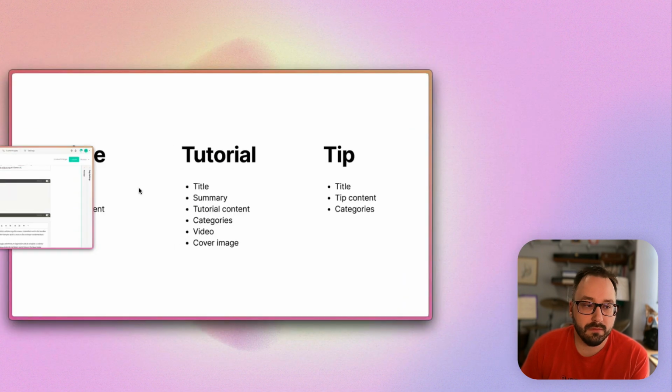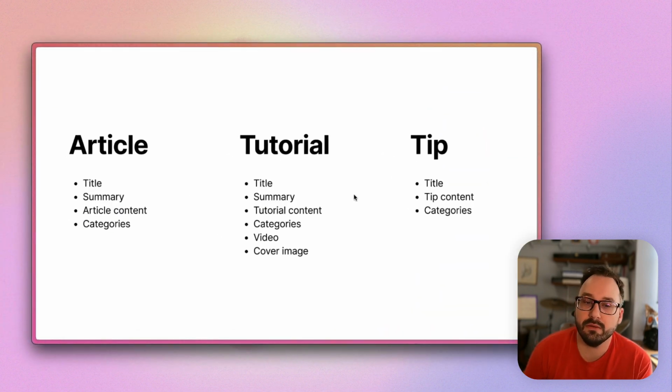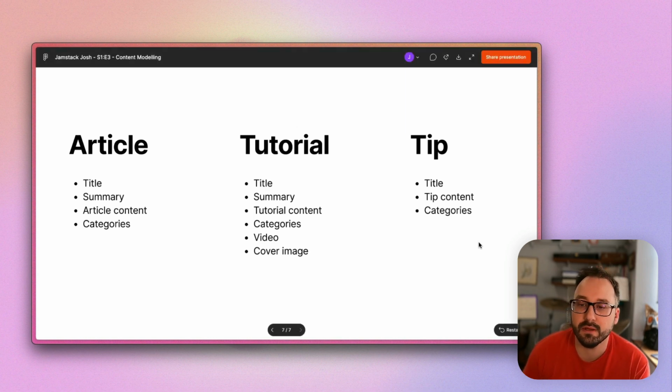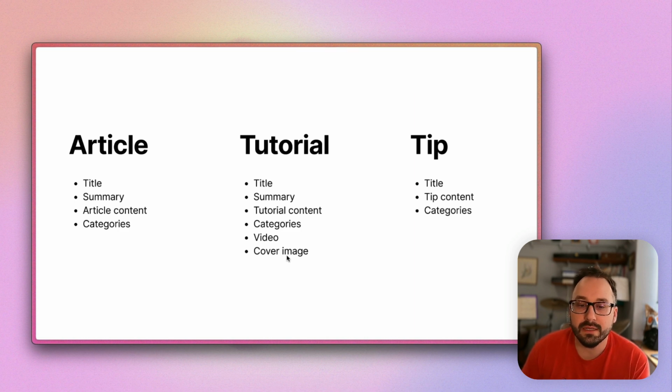I don't know if you remember, we had this set of content types at the beginning, and this is the last piece of the puzzle for modeling out the article content. The rest of these content types I won't cover in detail. Mostly they've got the same kinds of fields as we've got in the article. The only difference, I think, is video on the tutorial.